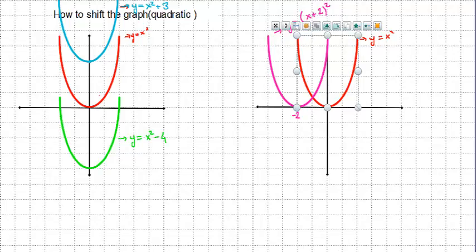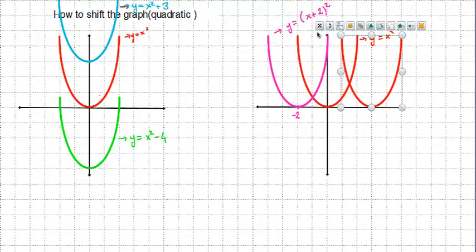Let me duplicate this one and move it 3 units to the right, and I'm going to change the color of the function to blue, maybe dark blue. Here it is y is equal to x minus 3 squared. It must be because the vertex is on 3.